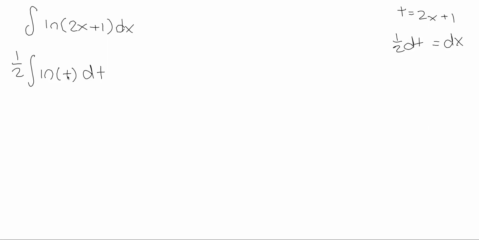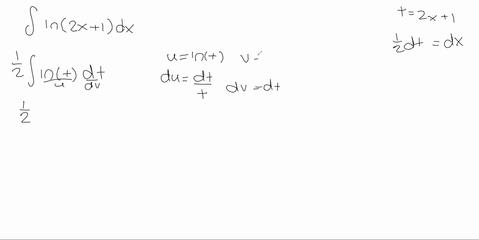So first we rewrite this in terms of the integration by parts technique. We have 1/2, and then this is going to be u, this is going to be dv. U is natural log of t, du is going to be dt over t, and then that leaves dv to be dt, and then v is going to be the antiderivative, so that would just be t.